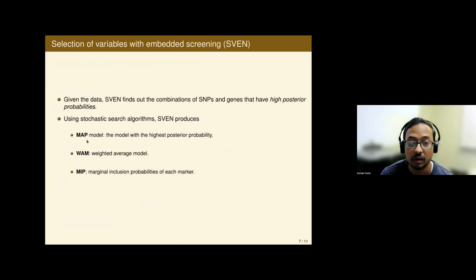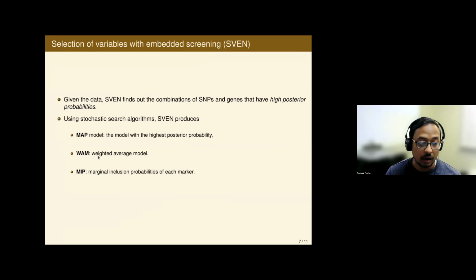The MAP model is the model, a combination of SNPs and genes, that is most probable given the data, the model with the highest posterior probability. There is also the weighted average model.